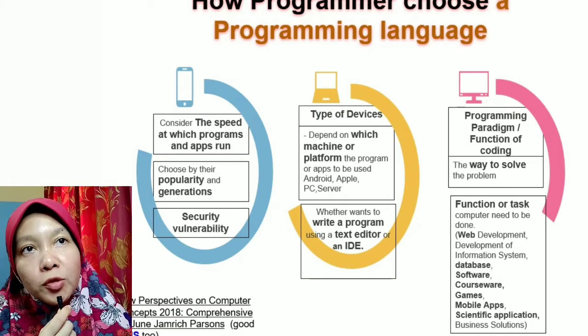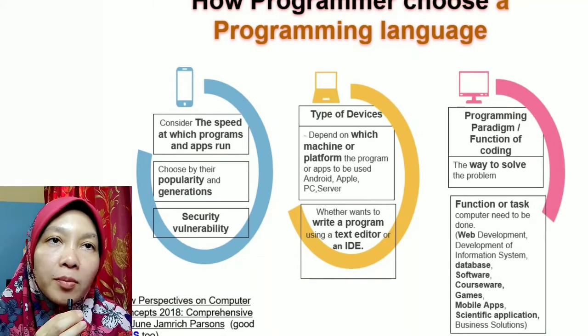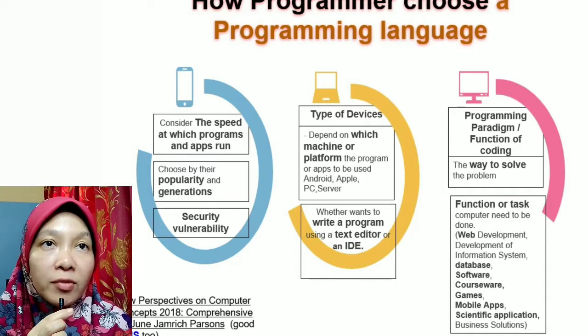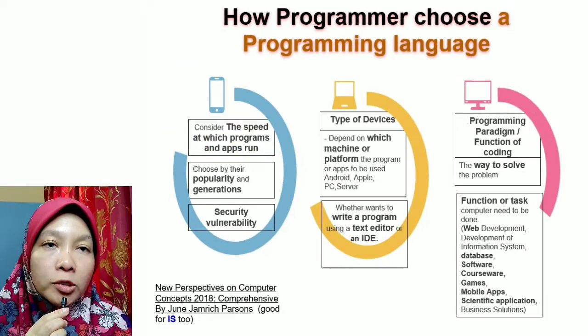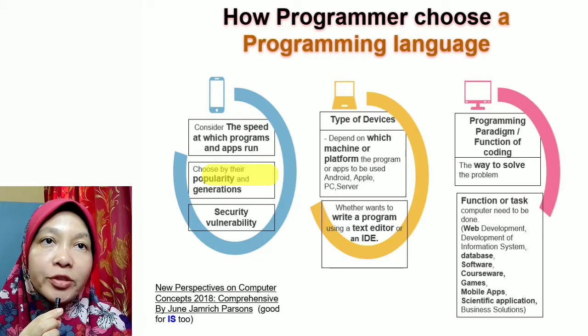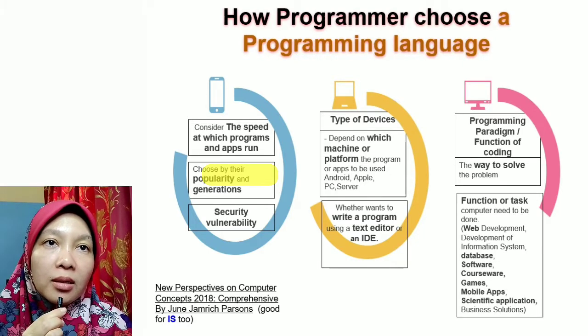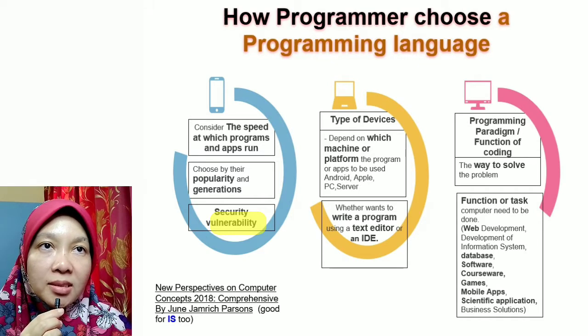How does a programmer choose a programming language? Number 1, consider the speed at which programs and apps will run. Number 2, choose by their popularity and generation. Number 3, security vulnerability of the device.